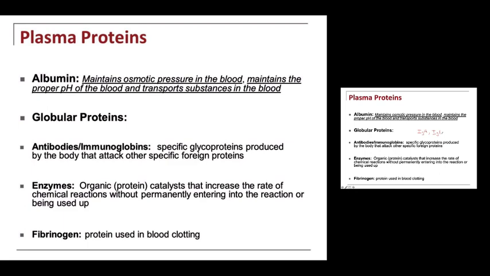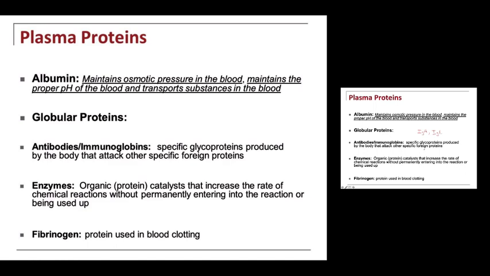So these are specific glycoproteins that are produced by the body, and these antibodies or immunoglobulins are going to attack foreign proteins. Certain ones are high with food allergies. Some antibodies or immunoglobulins spike immediately. Some spike 4 or 5 days later as delayed reactions.